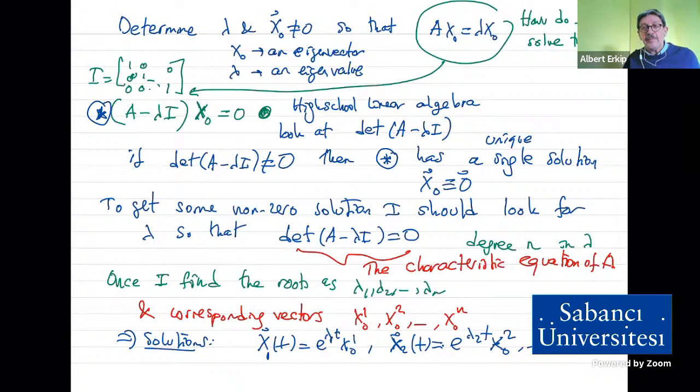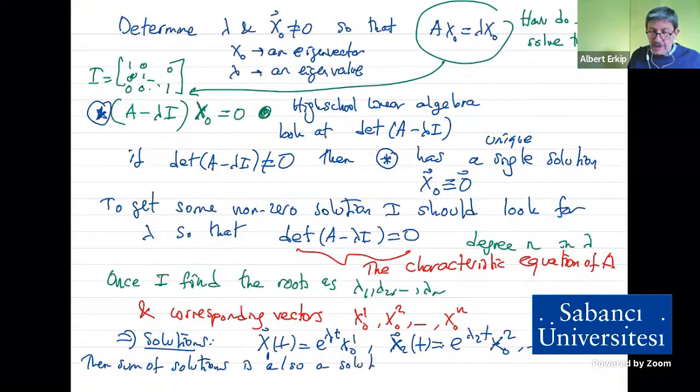But a nice thing is, if I have two solutions, the sum of the solutions is also a solution. This is because it's a linear system. You plug it in: the derivative of a sum is the sum of the derivatives, and the linear equation applied to a sum is the sum of the linear equations.